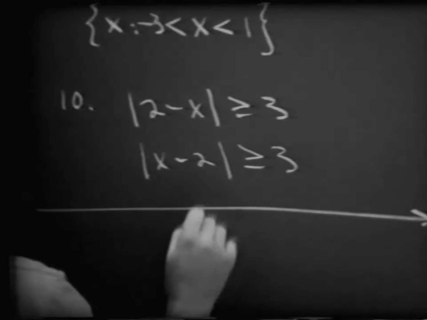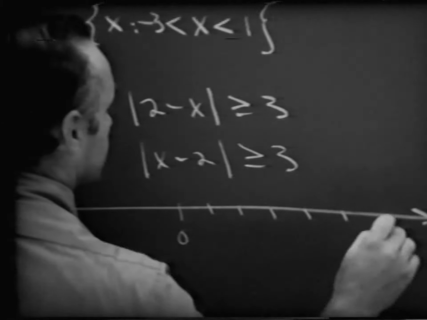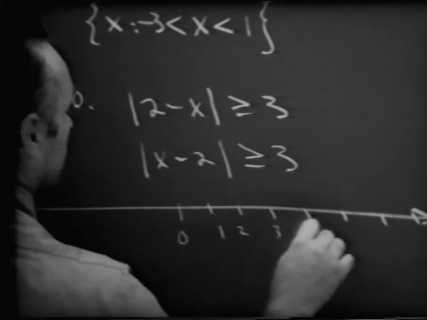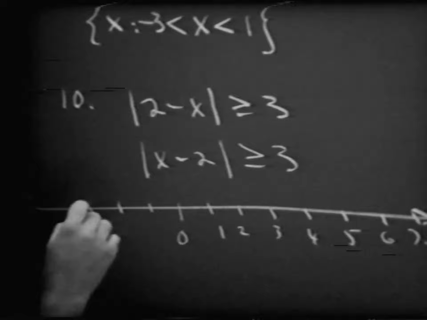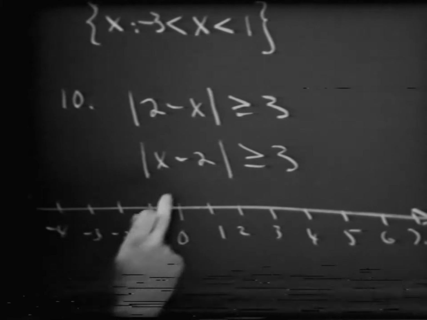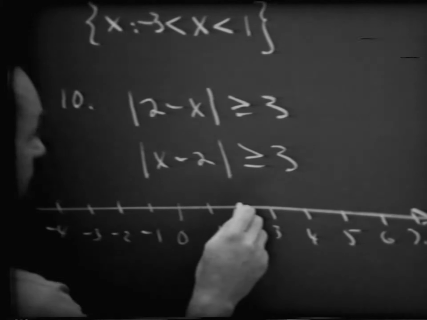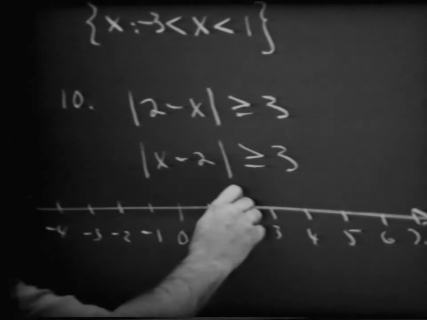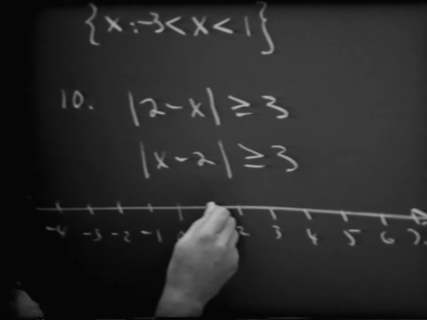Let's see, now here is say 0, 1, 2, 3, 4, 5, 6, 7 to the right, and so on, and negative 1, negative 2, negative 3, negative 4, that should be enough. And what then is our starting point with respect to our graph, Doug? 2. At 2, and how many units do we want to go away from 2 here? Someone hasn't said anything. Glenn? Look at 3. We want to go 3. Good.